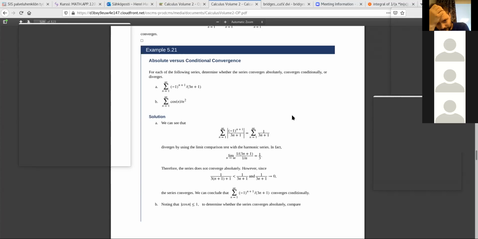But if we take the absolute value, we can use, let's say, the limit comparison test. We notice that the limit of 1 over 3n plus 1 divided by 1 over n, so we're comparing it to the harmonic series, is 1 over 3. So because the harmonic series diverges, this diverges. So this series converges, but not absolutely. So it's a conditional convergence in this sense.